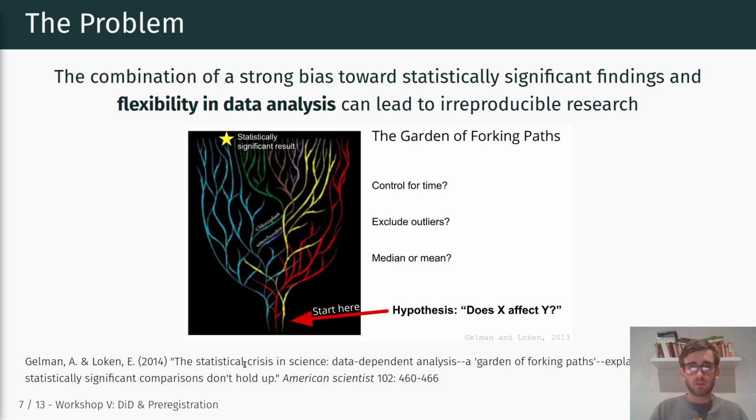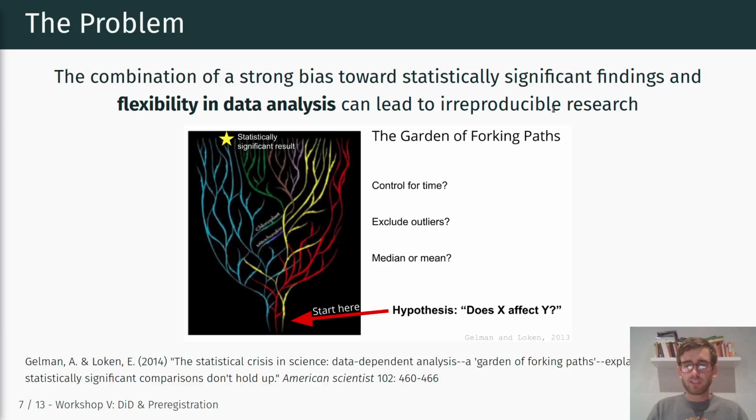And the big problem is, given this publication bias and the incentives that creates and the flexibility in how to analyze these data, we can ultimately create or find results that are significant, and we have to be careful not to condition on that result, because otherwise we ultimately jeopardize the conclusions that we can draw based on our analysis. Okay. And the consequence of that, as is mentioned here, is that the research ultimately is not reproducible, and that's what we want to avoid, right?